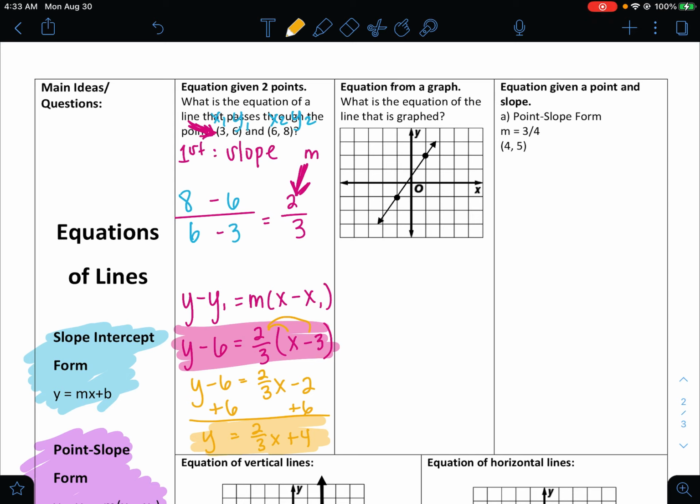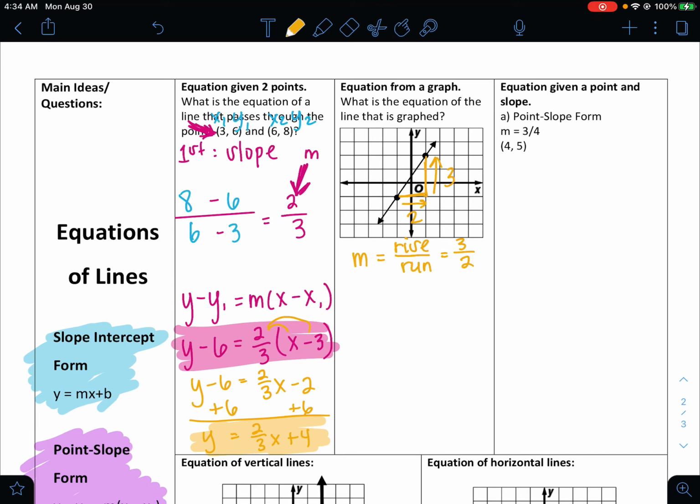What is the equation of the line that is graphed? Okay, so let's find the slope. All right, so we have to go to the right 2 times, and then we had to go up 3 times. So that's positive slope. Don't forget rise over run. The rise was 3, the run was 2.